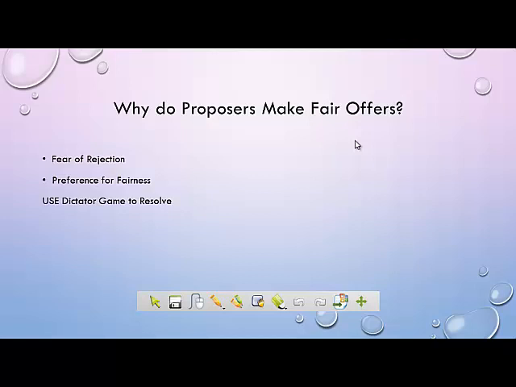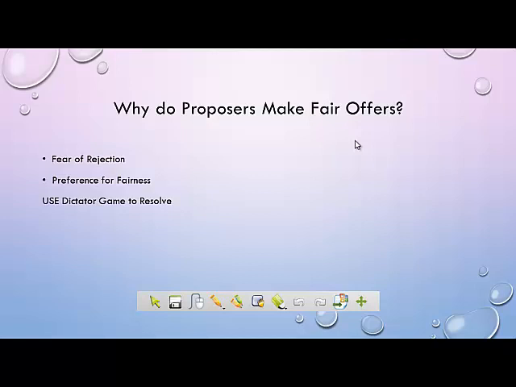So that's why making fair offers is not necessarily against utility maximization. If somebody makes a fair offer, we cannot say that he is not a utility maximizer. Maybe he thinks that if I make an unfair offer, it will be rejected. Just like in one of the games, the person offered 3 out of 5, because she thought if I offered less, it will be rejected.